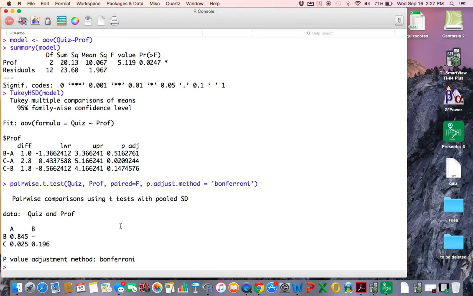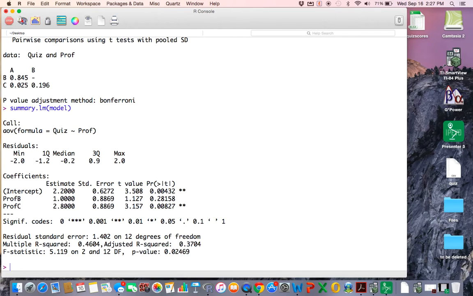To find the eta squared, we need to find the multiple R squared, and that's really easy to do. Just do summary.lm of the model that we created from our ANOVA. You can see right here that we get our multiple R squared, which is 0.4604.